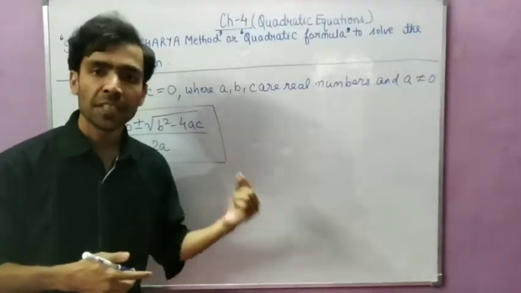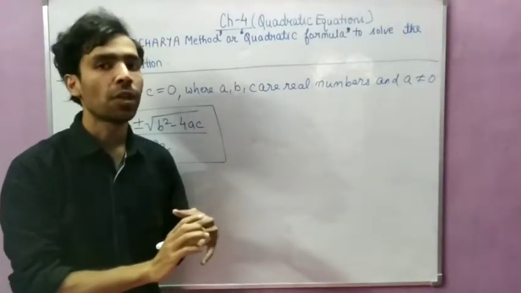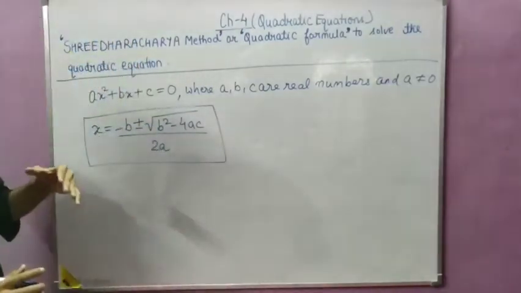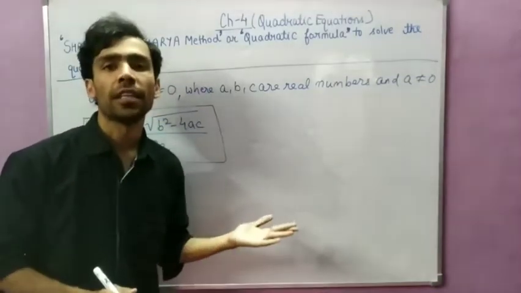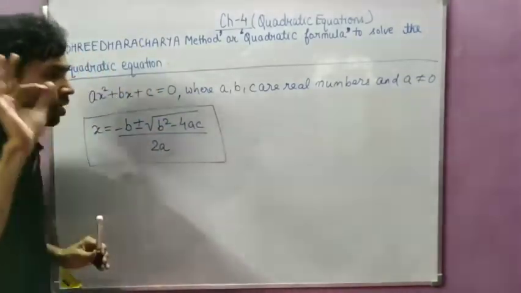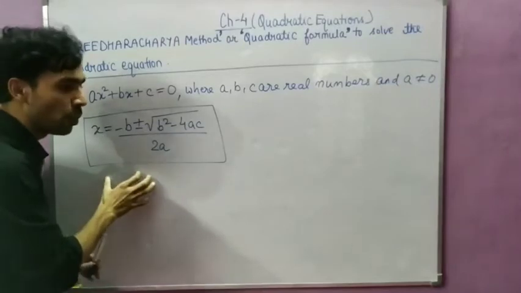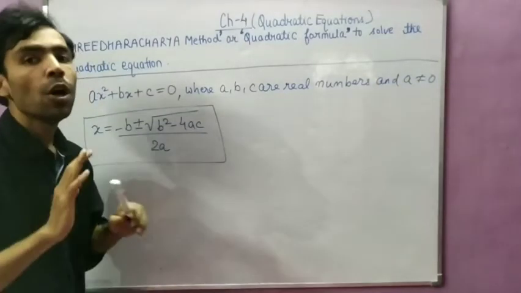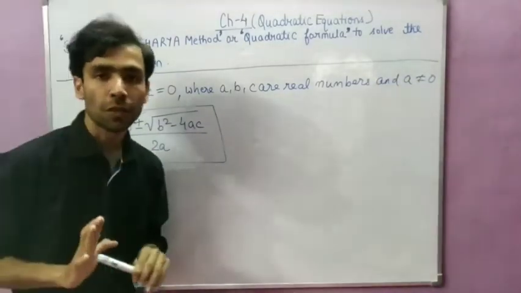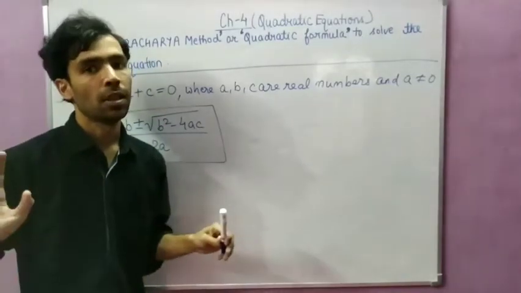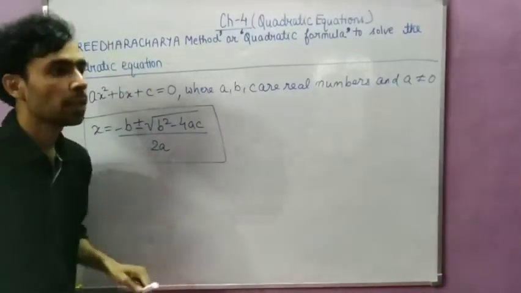Imaginary roots can also be calculated, but there is another method to find them. You must remember that. This formula is applicable for all types of quadratic equations, in any variable.